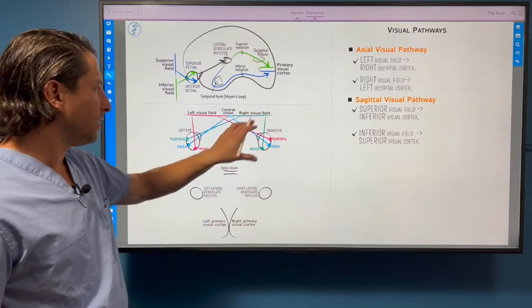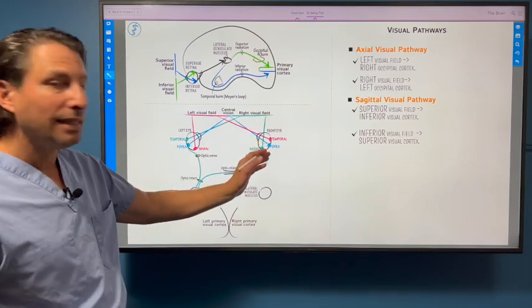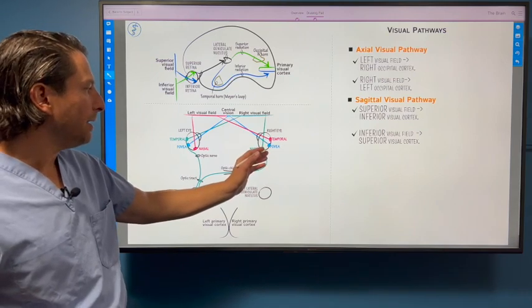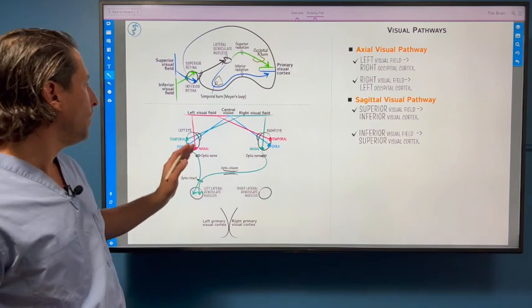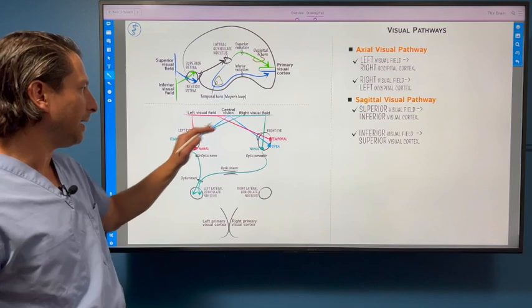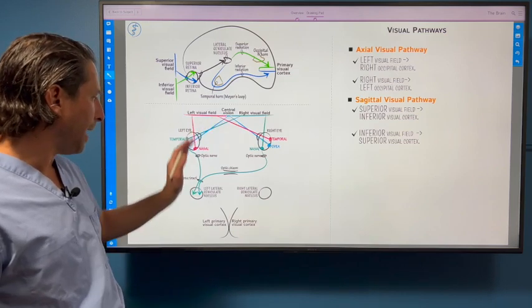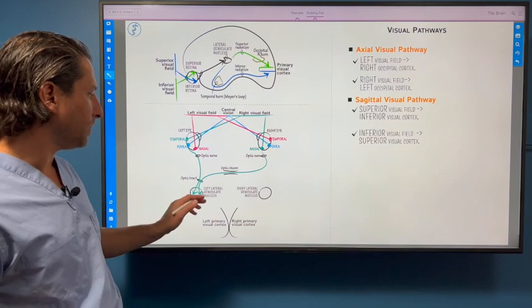If we take this visual field information and channel it through, we see that this nasal portion of the retina sends its information through the optic chiasm to the other side, whereas this temporal portion of the contralateral eye goes straight back ipsilaterally through the optic tract, and they both meet up in the lateral geniculate nucleus.